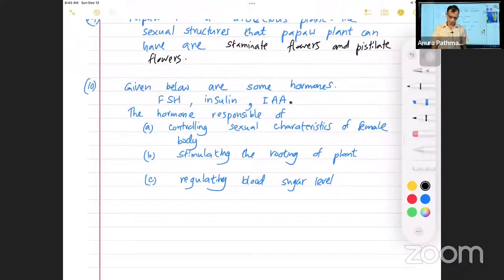FSH is follicle stimulating hormone that stimulates the follicles and releases an ovum. Stimulating rooting of a plant, that is indole acetic acid. And regulating blood sugar level, insulin. The other one, actually, is glucagon as well.